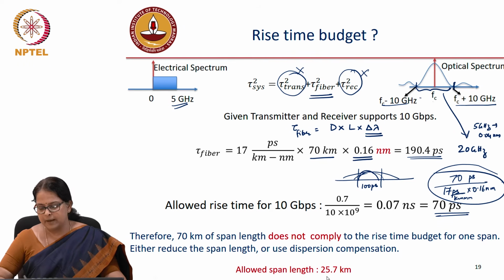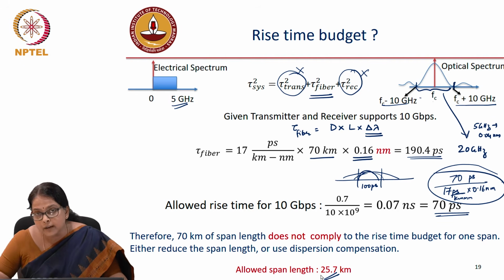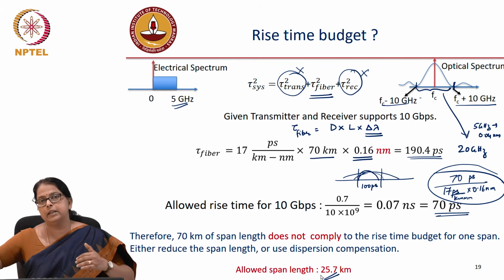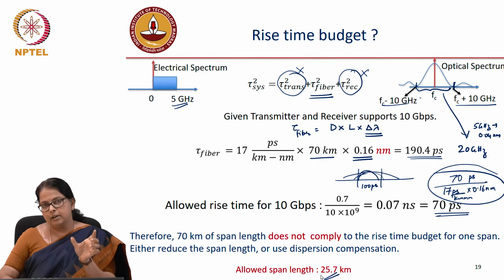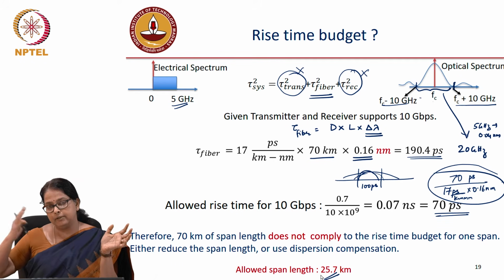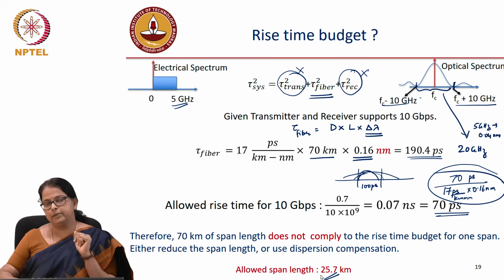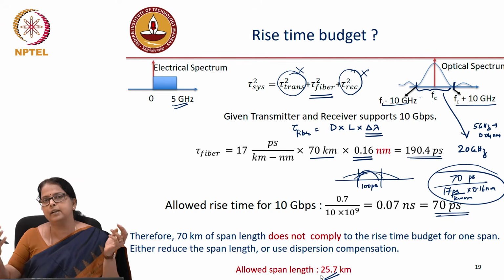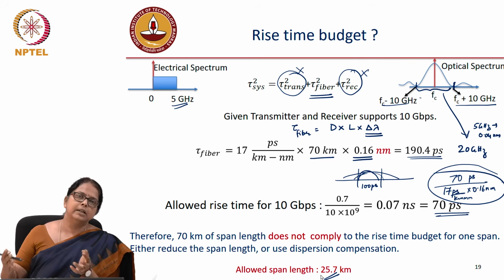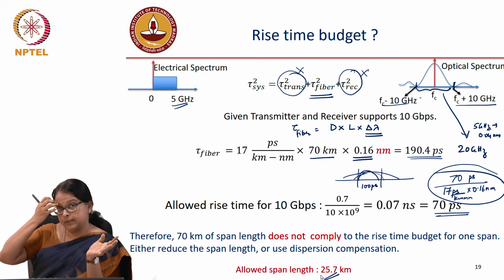Okay, so the allowed span length is 25.7 kilometer. Actually, you should anyway do dispersion compensation if you are doing a multi-span link, because you amplify, then attenuate and amplify again, so the length of the fiber is definitely going to be larger than 25.7 kilometer, which means this kind of link definitely requires some amount of dispersion compensation, right? Simple rise time budgeting will not be sufficient.